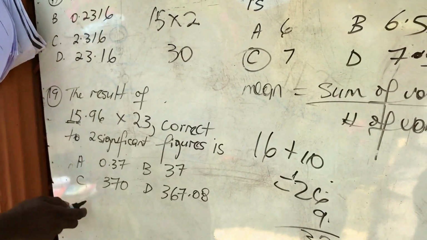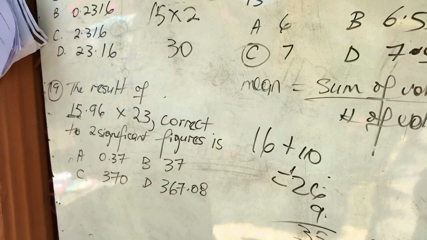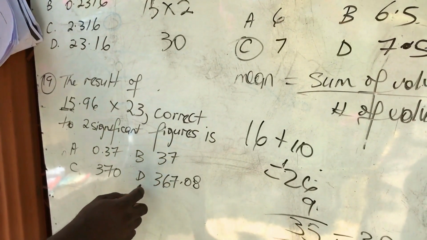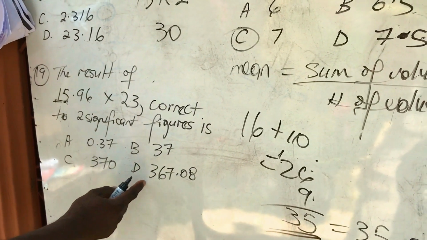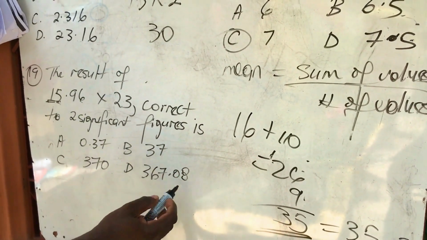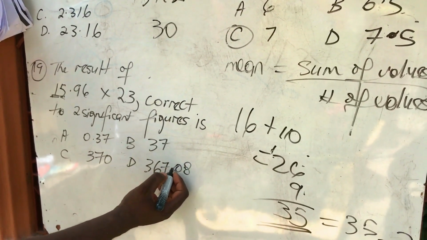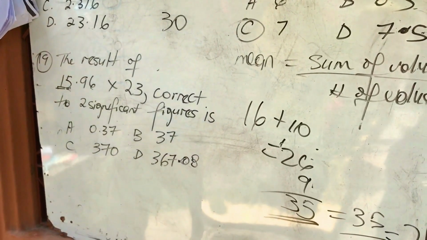Now let us look at C. It says here correct to 2 significant figures. Now when we check D, we have 367.08, but this is expressed to 1, 2, 3, 4, 5, because we said that the 0, once it comes between any 2 digits that are significant, is also significant.